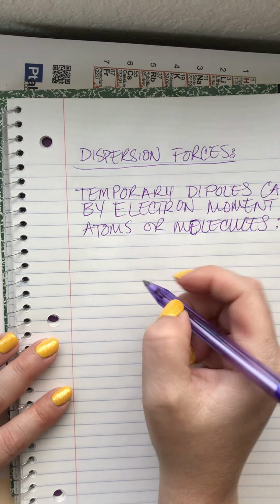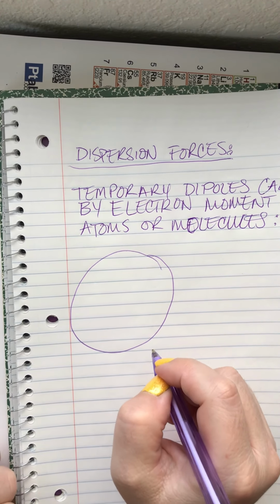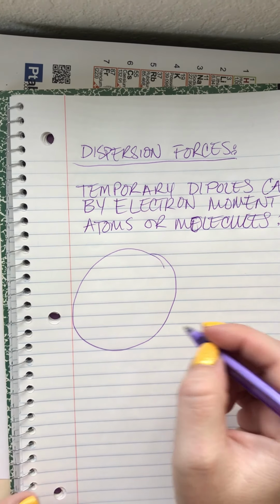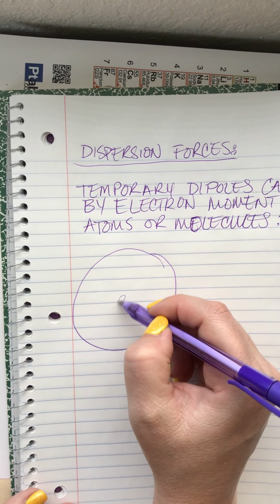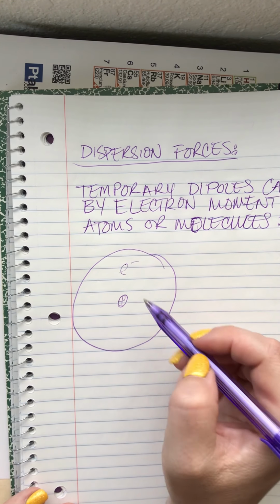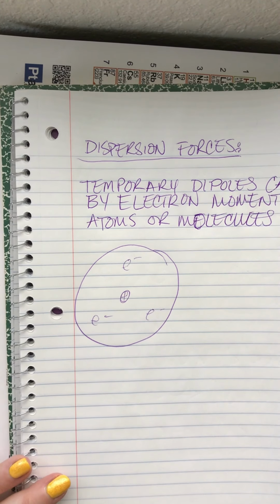Okay, so what the heck am I talking about? I'm just going to start off with an atom by itself because this is the easiest way to think about it. So if we have an atom, we have our positively charged nucleus, and we got some electrons floating around in here. Now, the way that I drew them, they're far apart.